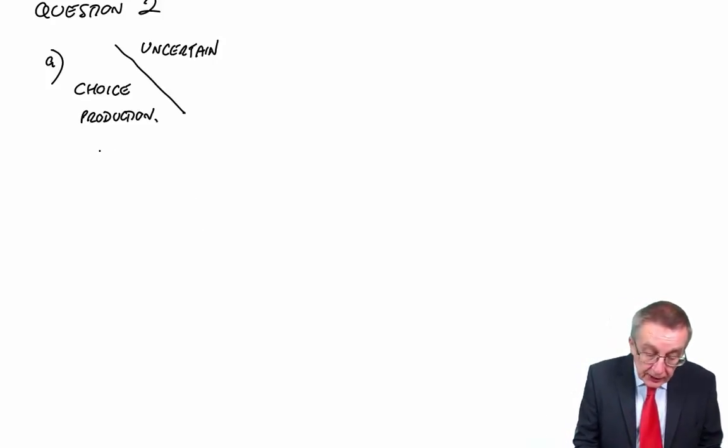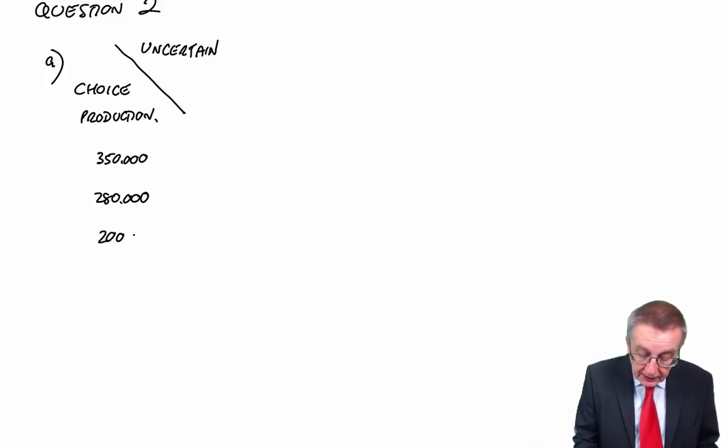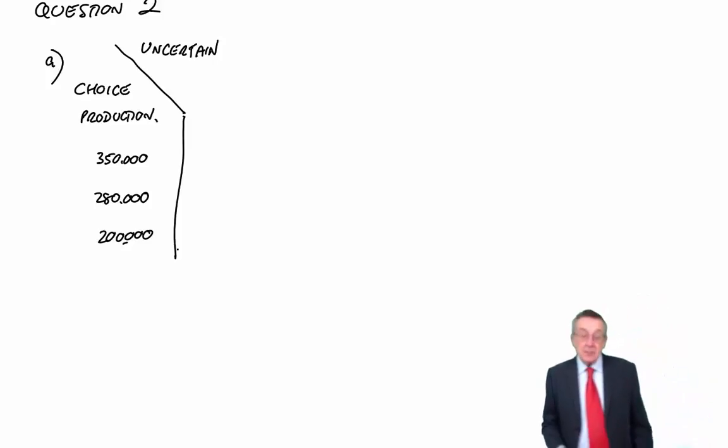So we're either going to produce 350,000 bags, or we're going to produce 280,000, or it'll be 200,000. It'll be one of those 3. Ultimately, we have to decide which is best.